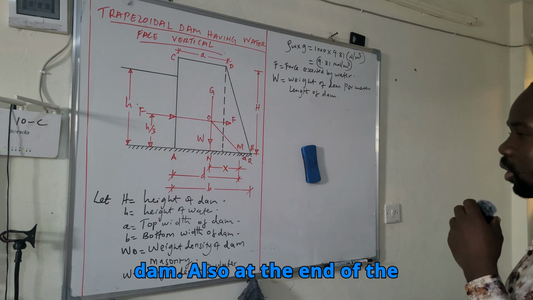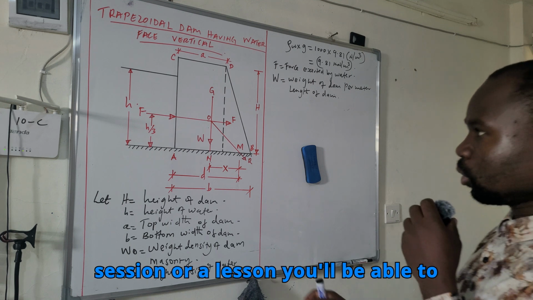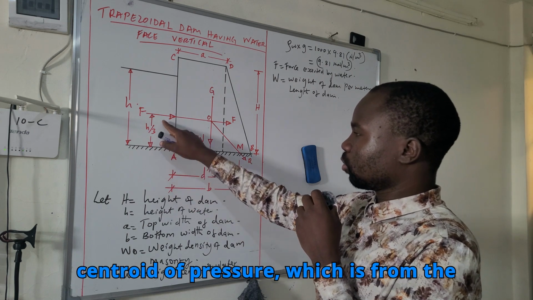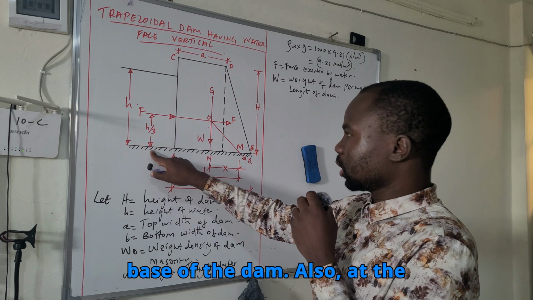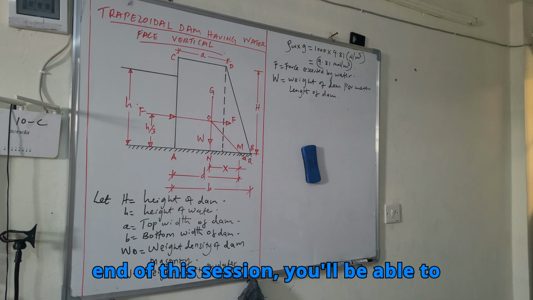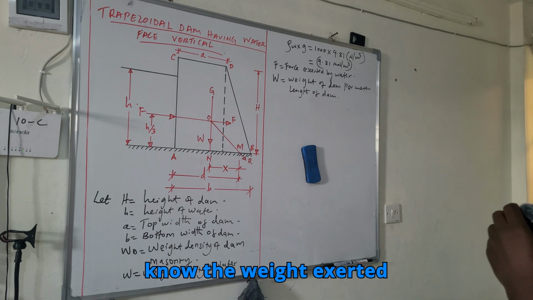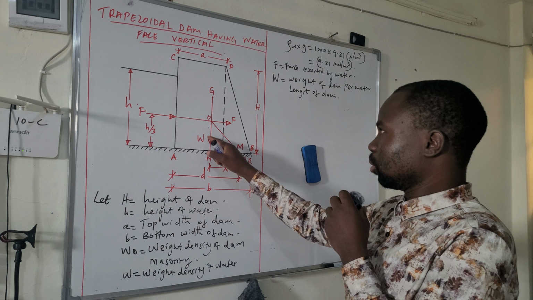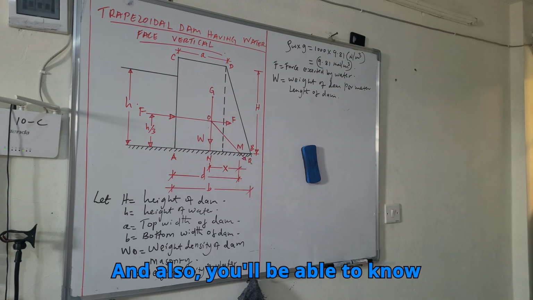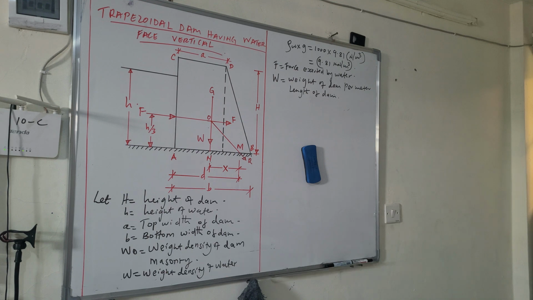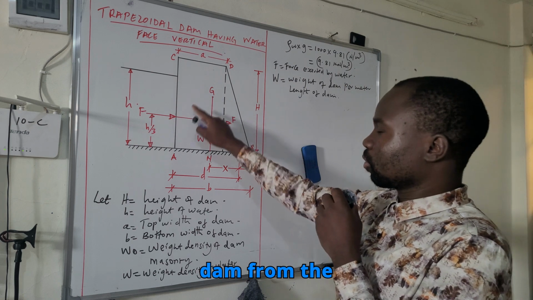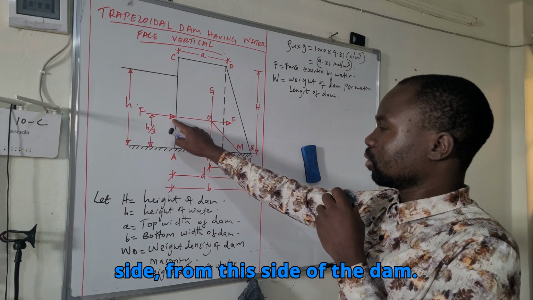Also, you will know how to calculate this centroid of pressure from the base of the dam, the weight exerted by this masonry wall, and the center of gravity of this dam from this side.